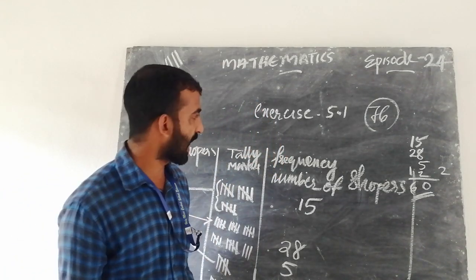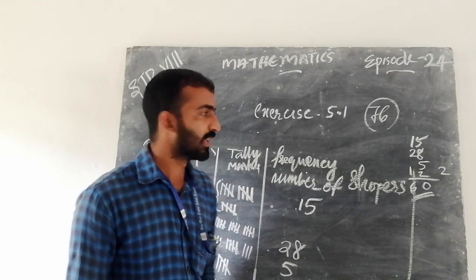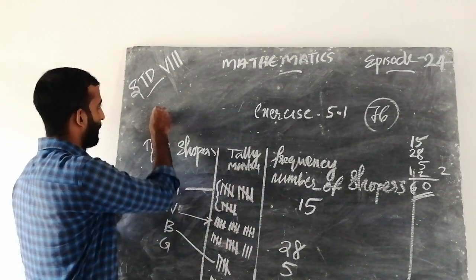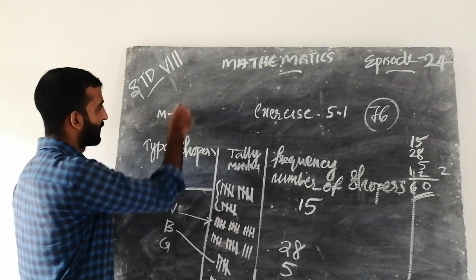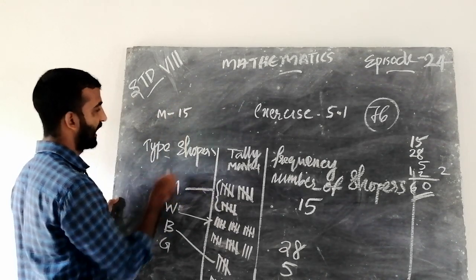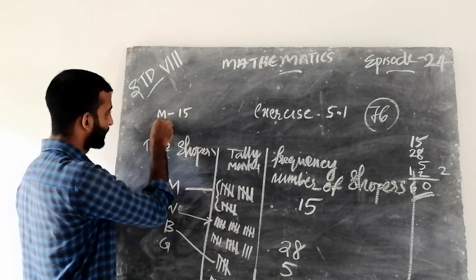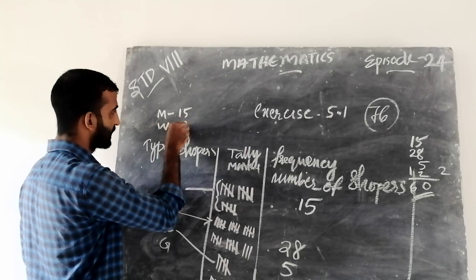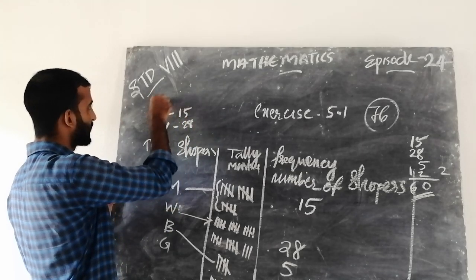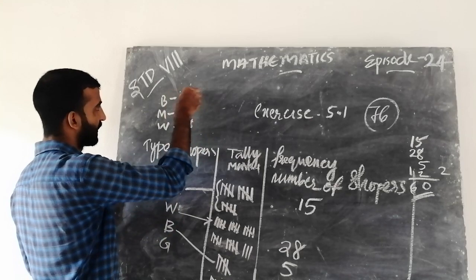Now we want to draw the graph. Men is 15 and women is 28. Boys is 5.